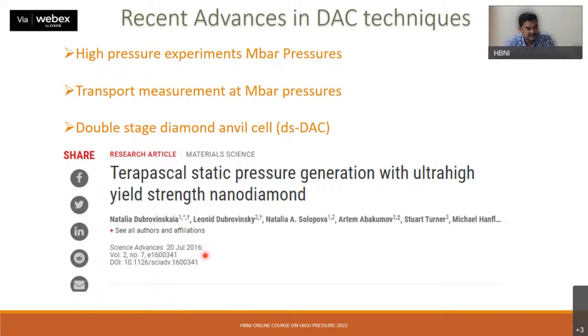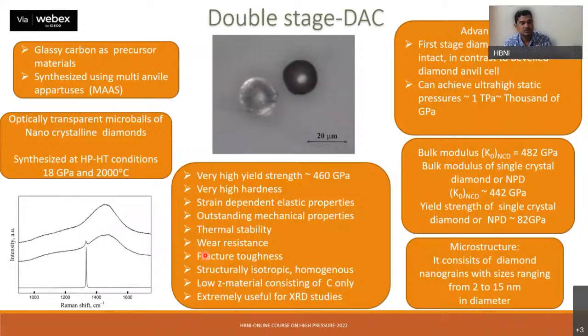So in 2016, the Dubrovinsky group did marvelous experiments and made a marvelous discovery based on nano diamonds. In the double stage, they used specially fabricated nano diamonds of 20 micron size.